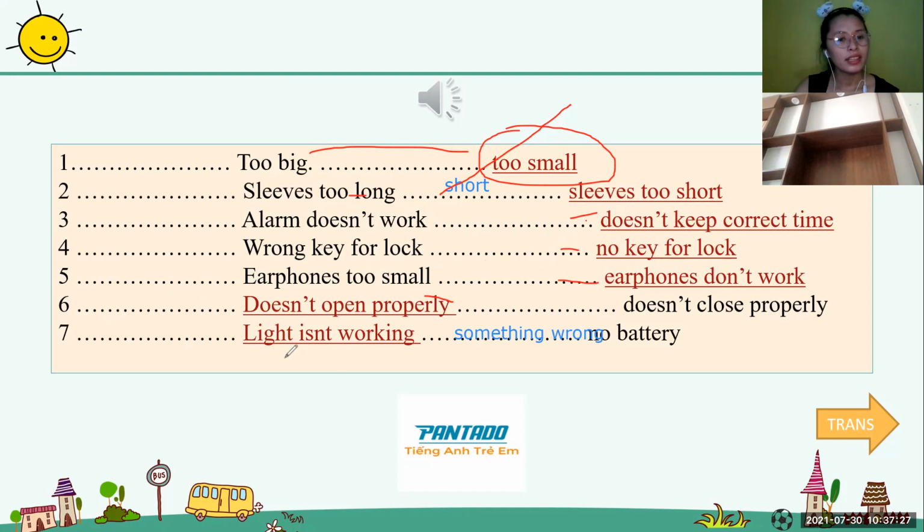And number seven, the light is not working or something is wrong with it. Okay, I will just consider that one. So you got 2/7.